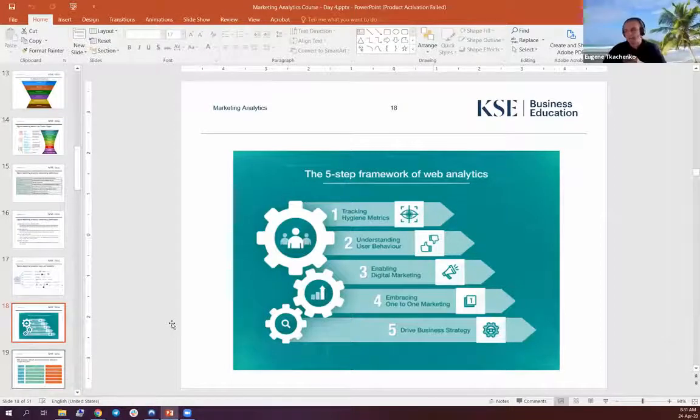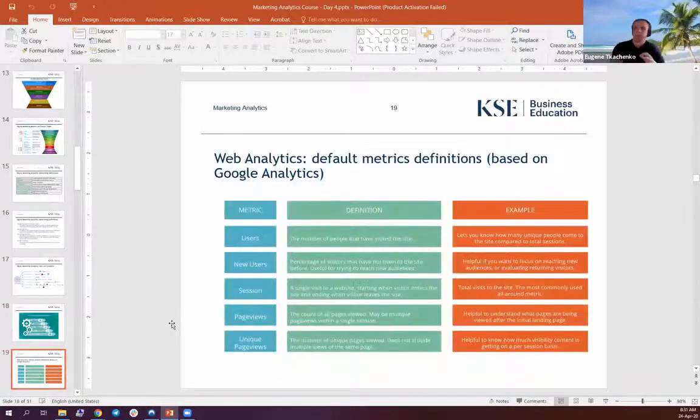Essentially, from a very top-level view, you can think about the following definitions used in Google Analytics: number of users, new users, sessions, page views, and unique page views. But you cannot say that those numbers make sense if you don't have accurate data recorded in your tracking systems.